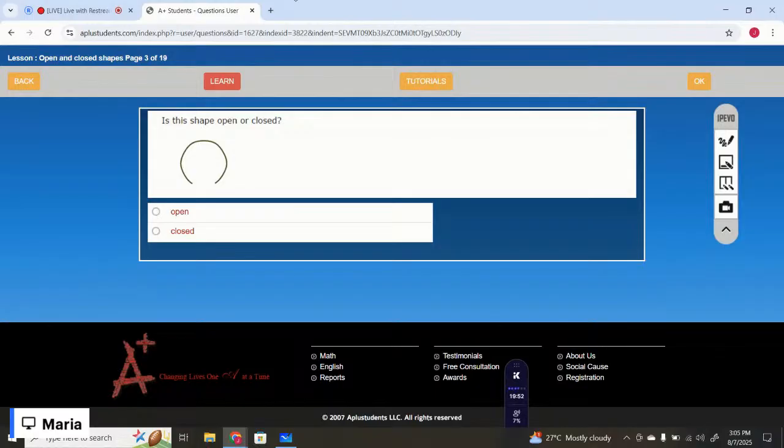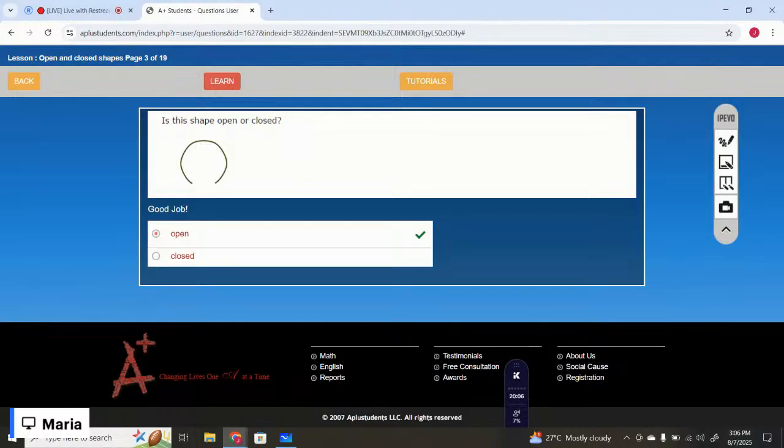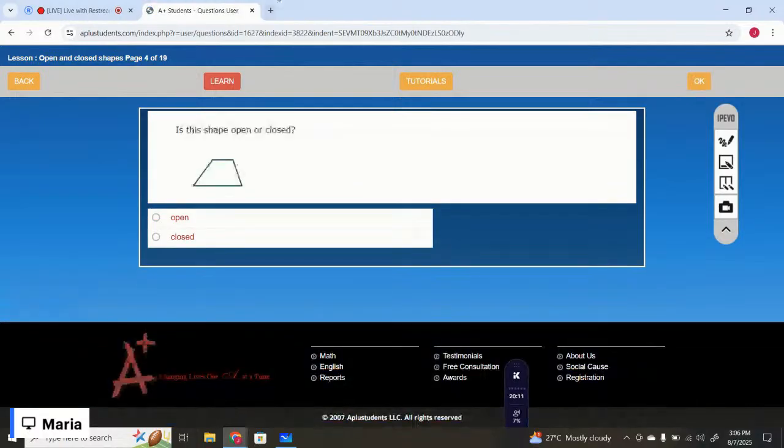Is the shape open or closed? Open it is. Option number one is the correct option. Is the shape open or closed?